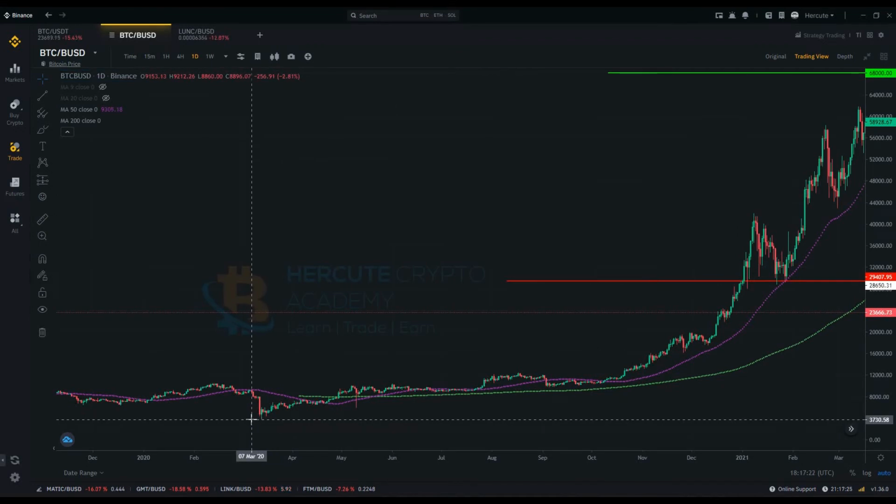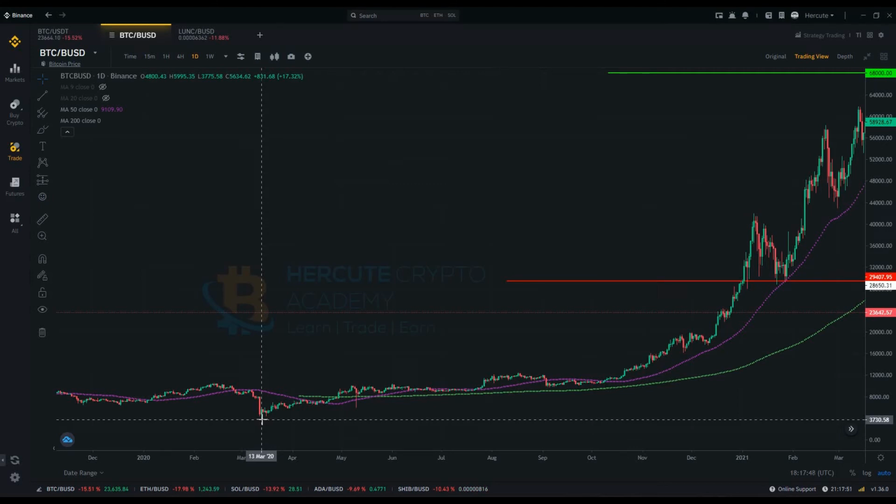You see how much Bitcoin was trading at? It was trading at 3,700. March of 2020. Okay? So, just around here. Yes, 3,730 from an all-time high of 20,000. So Bitcoin had crashed over 83% and the whole cryptocurrency market.